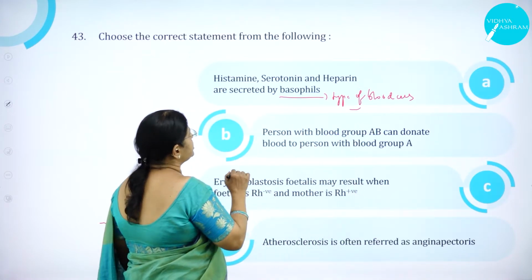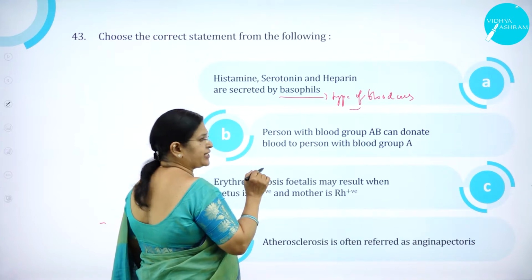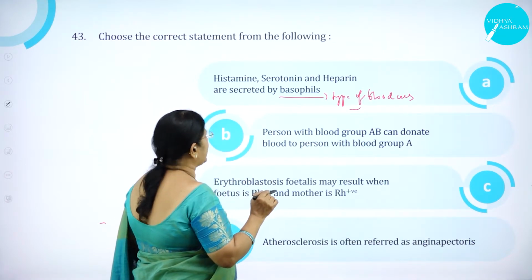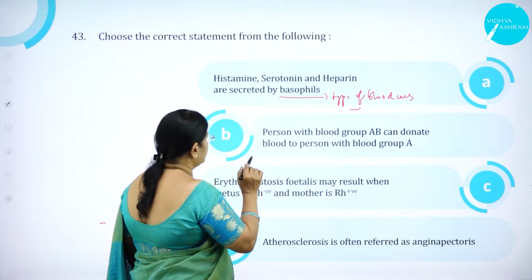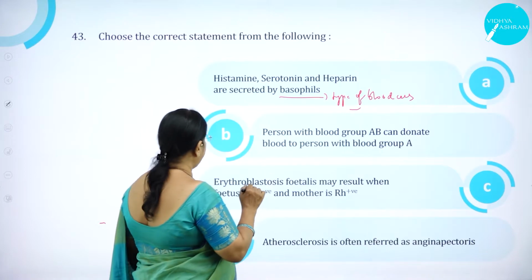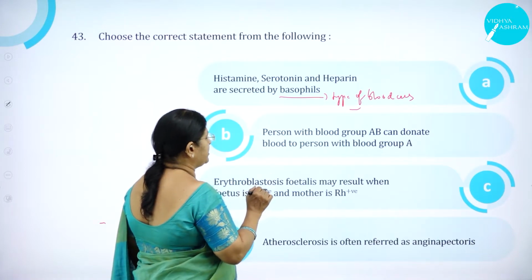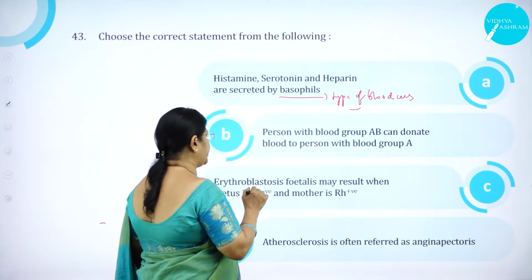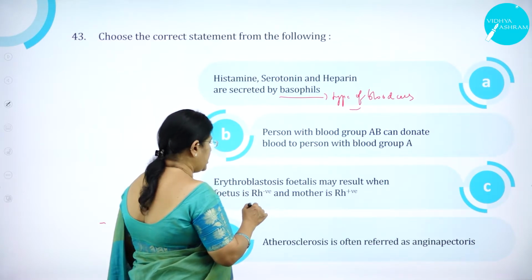Option A, histamine, serotonin and heparin are secreted by basophils. Option B, person with blood group AB can donate blood to person with blood group A. Option C, erythroblastosis fetalis may result when fetus is Rh negative and mother is Rh positive.